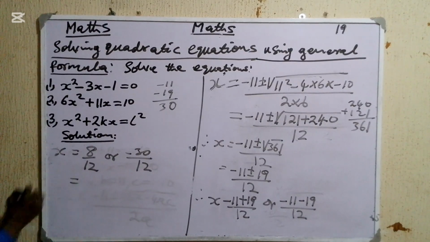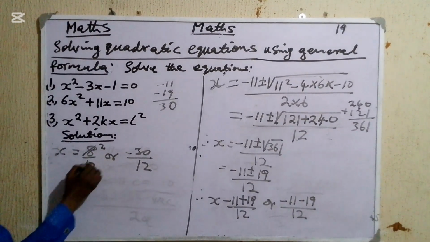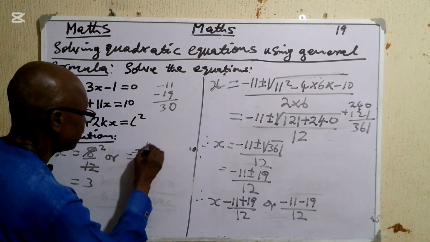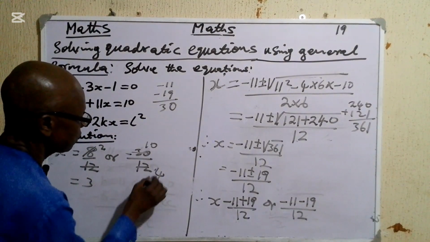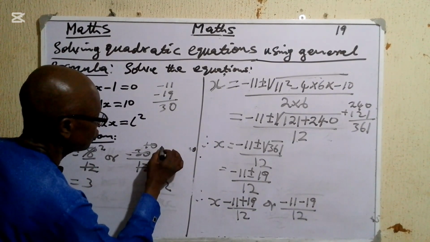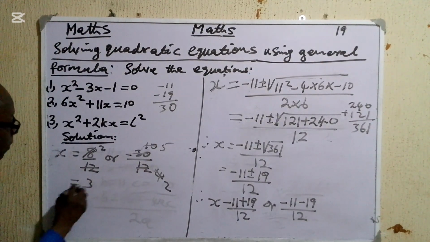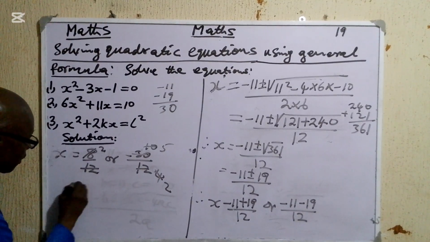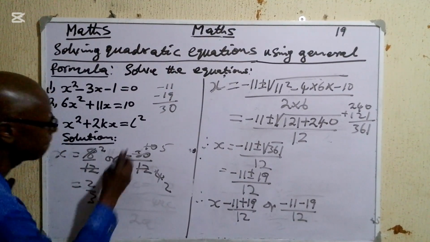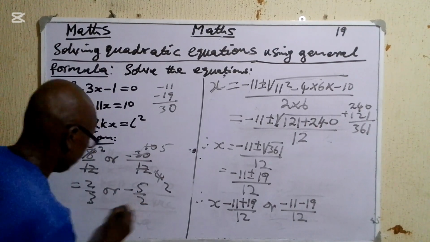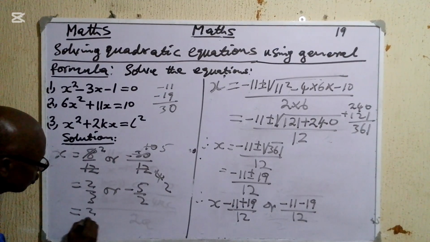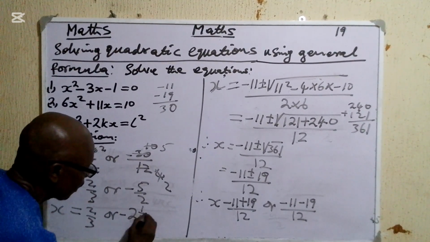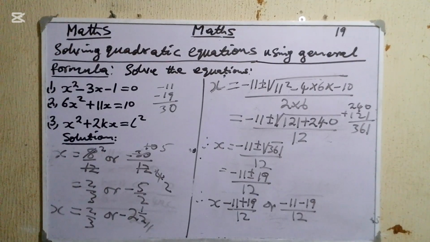And if you reduce it to the lowest term, 6 divides both, giving 2 over 3 or minus 5 over 2, which is finally x equal to 2 over 3 or minus 2 1 over 2. And that's the final answer to that.